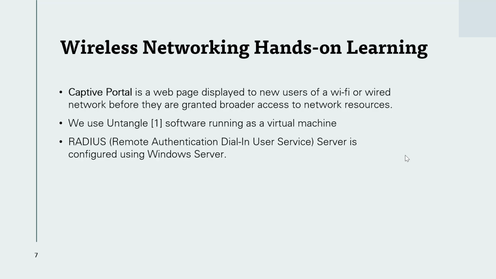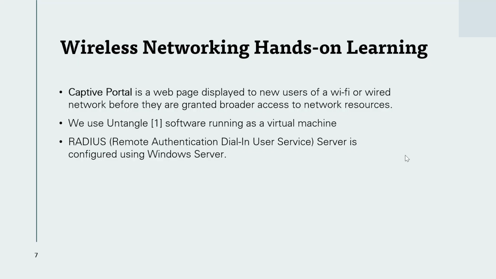But if you want to set up a real captive portal, you need a database, web server, and web development. So all these topics are beyond the coverage of this particular class. That's the reason we try to use Utango, which provides a complete solution that includes an internal database, a web server, and a web application that is already developed, and you can do the management through a web browser.